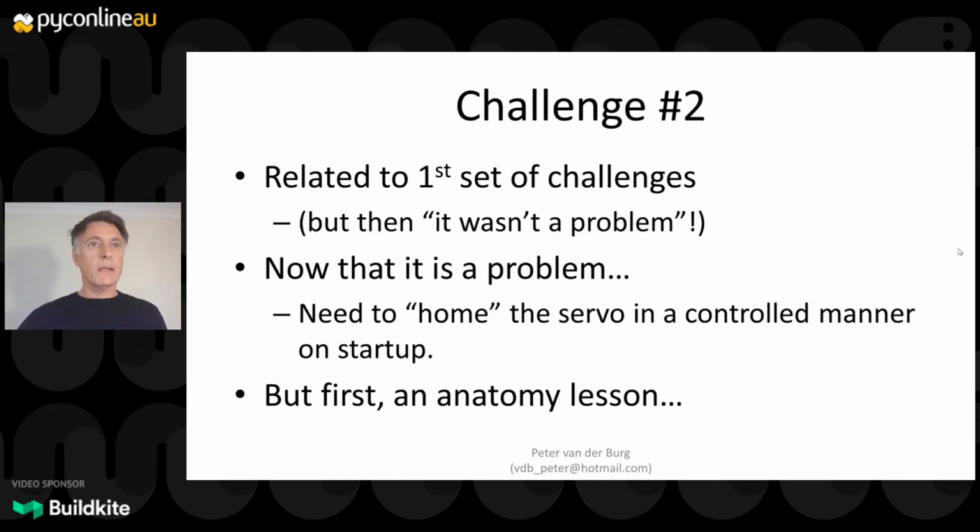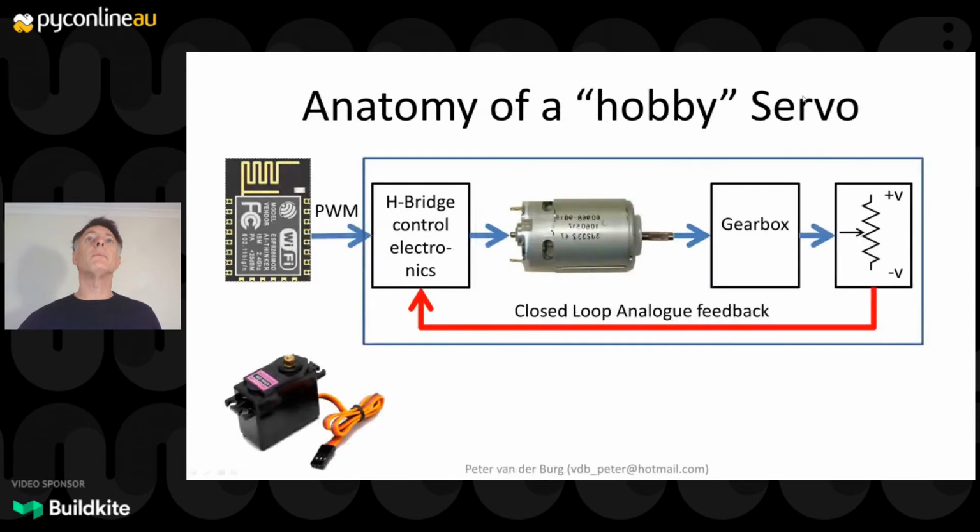But before we can solve that problem, we need an anatomy lesson of a servo. So a servo is quite a complex little beast. We've got an ordinary DC motor that instead of having just voltage across the motor, has control electronics.